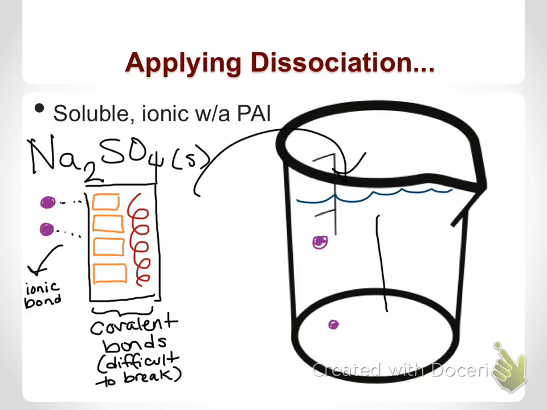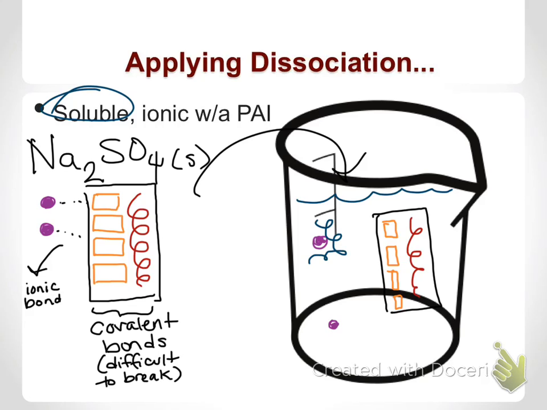So we're going to have the whole black box as one unit all together, and inside of there is going to still be our 4 rectangles and our squiggly representing our sulfur. So that's going to stay together, but those are going to dissociate from each other, and since this is soluble, all 3 of those are going to be surrounded by their own sphere of hydration.